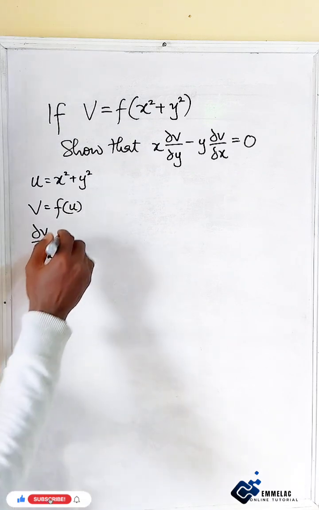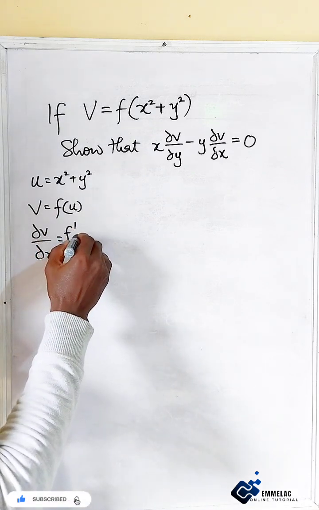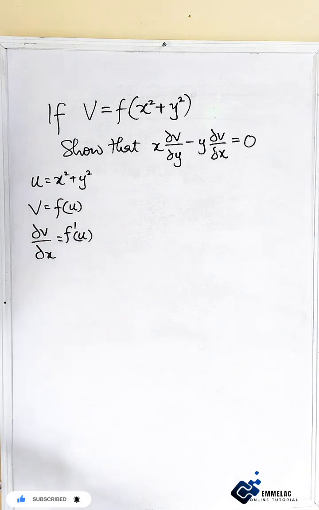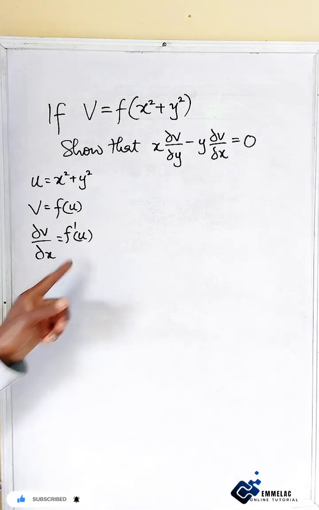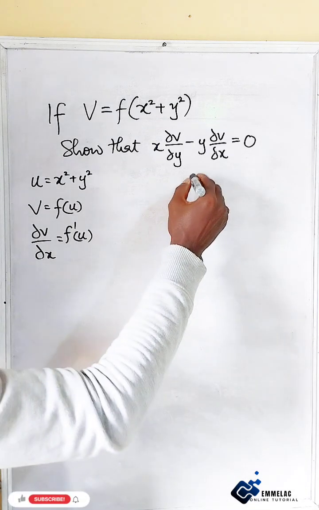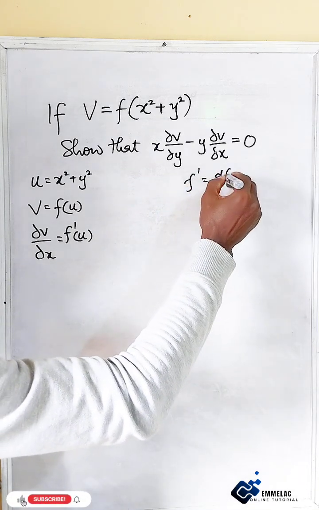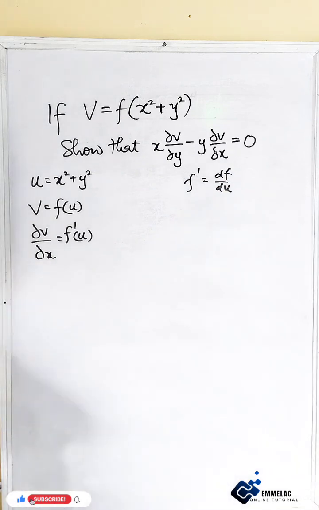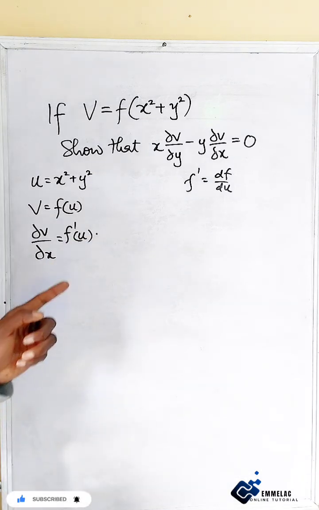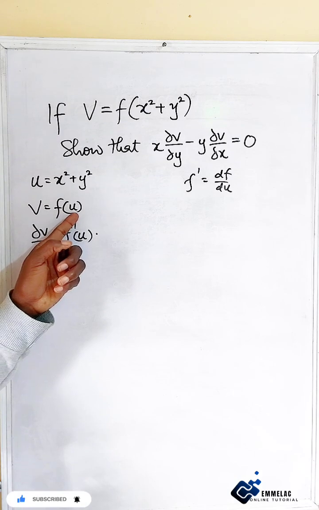And to that end, we have the partial derivative of v with respect to x equals df over du.